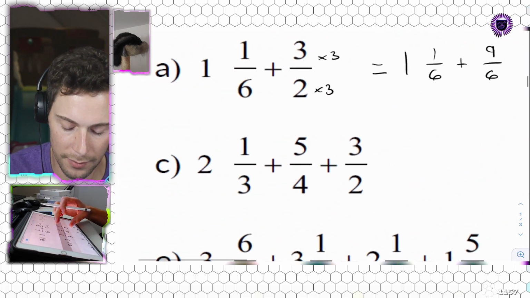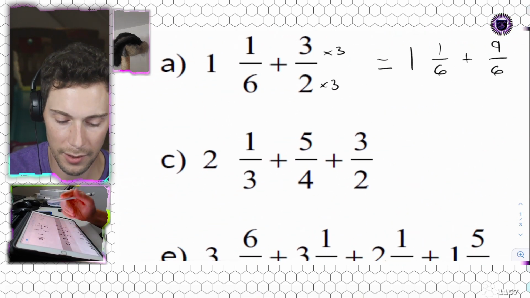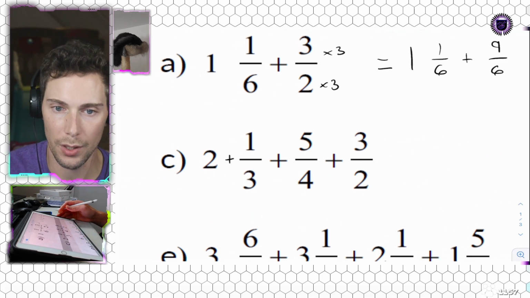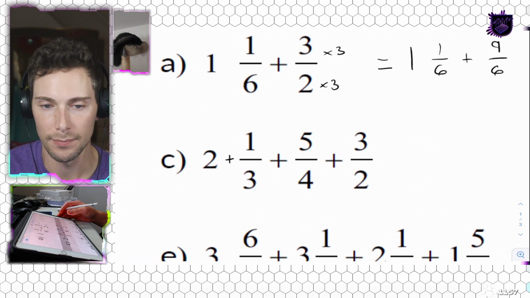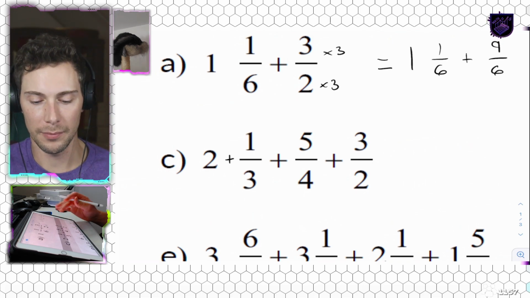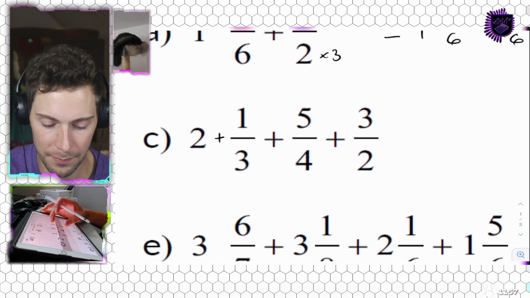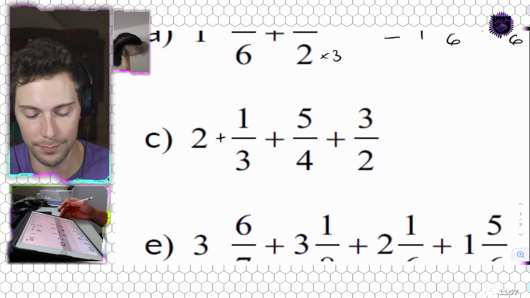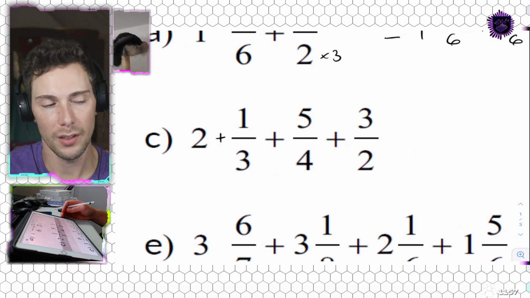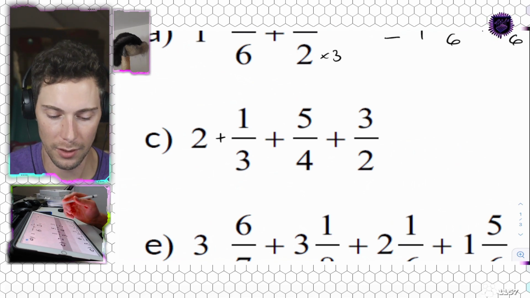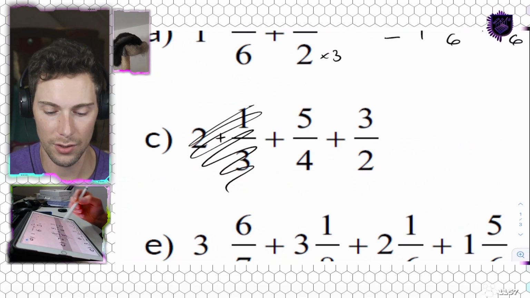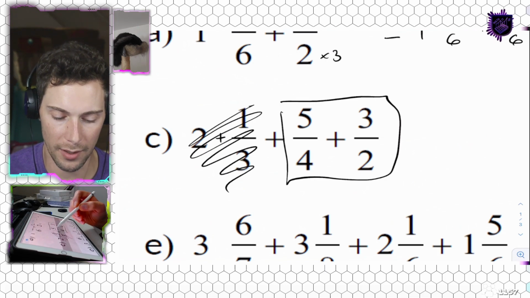All right. So again, I'm going to look at this one: 2 plus 1/3 plus 5/4. But lowest common multiple of 3, 4, and 2. You can do this in a couple ways, I guess. You could get rid of this and just do this, and then do this after.